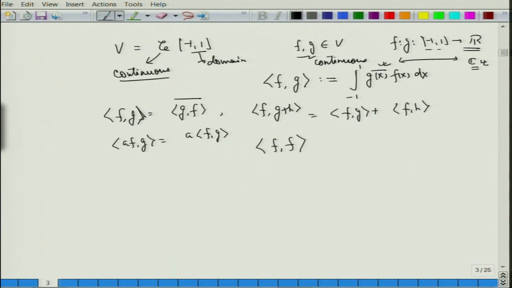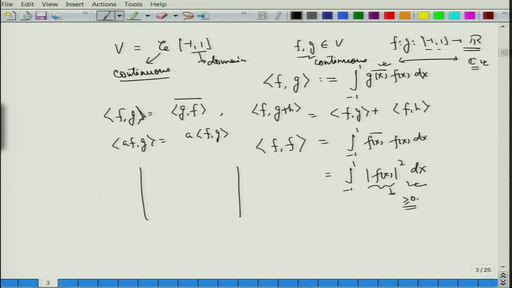So f comma f is nothing but the integral from -1 to 1 of f(x) bar f(x) dx, which is the same as the integral from -1 to 1 of |f(x)| squared dx. Now this is greater than or equal to 0. In integration theory, we must have learnt that when you are looking at functions which are always non-negative, that was the starting point of integration.